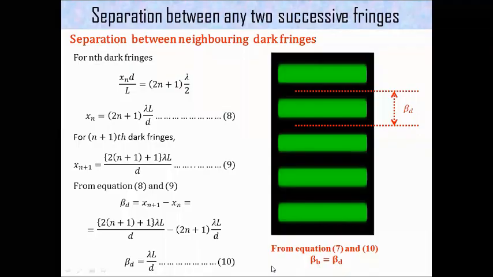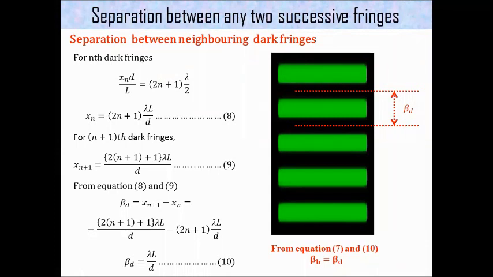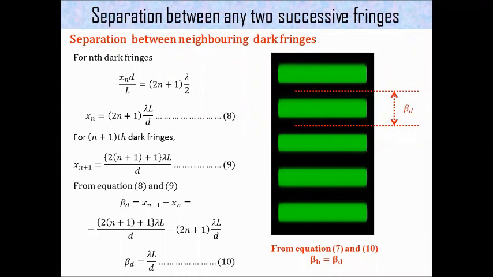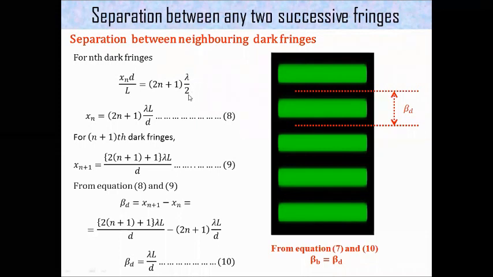According to the condition of destructive interference, the path difference of the light waves at point P on the screen will be equal to an odd integer multiple of lambda divided by 2.